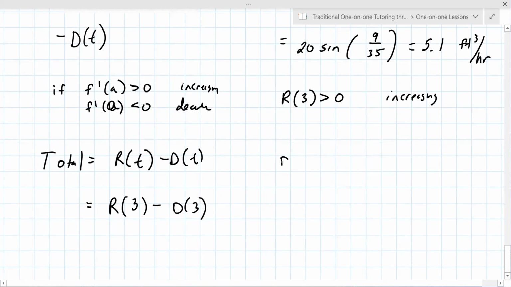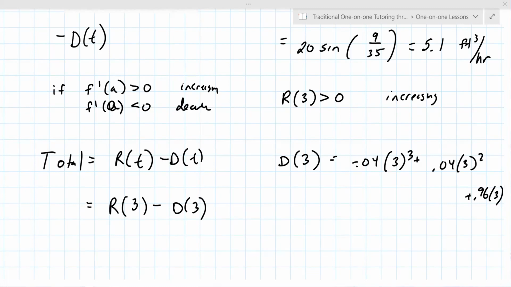So we actually do need to find that d of 3: minus 0.04 times 3 cubed, plus 0.04 times 3 squared, plus 0.96 times 3. And that's because it's a rate.